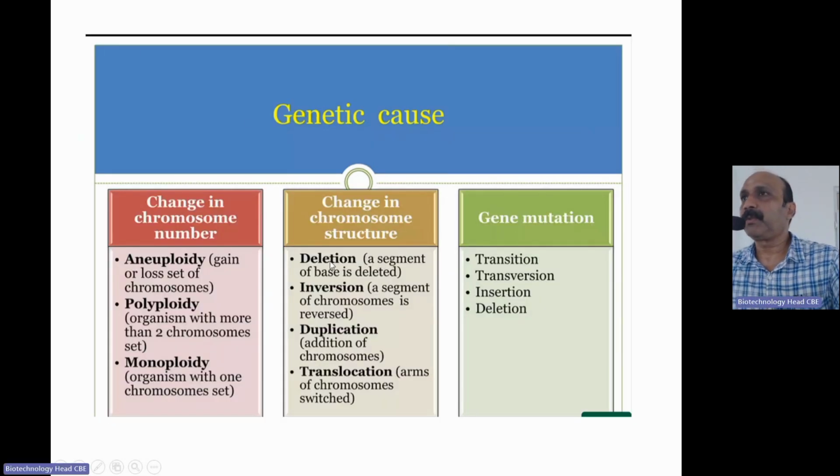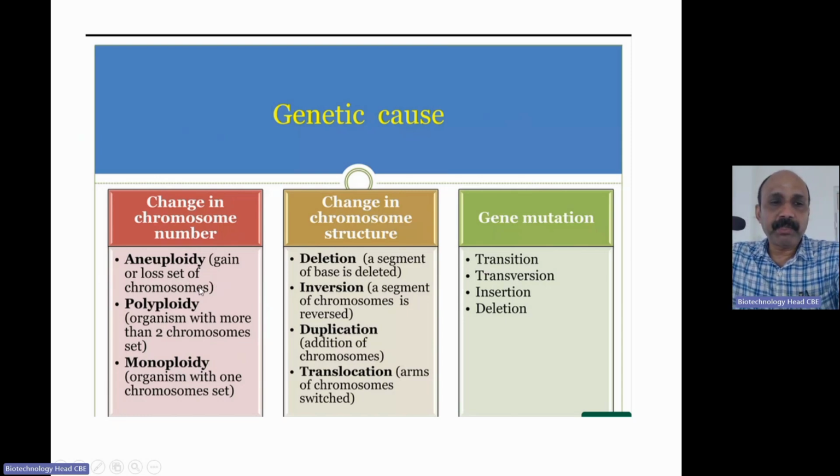The genetic causes. This is the important cause that will be transmitted. The culture conditions may not be transmitted, they may be epigenetic. But the important one that is transmitted to the next generation is the genetic causes. So there can be changes even in the chromosome numbers: aneuploidy, polyploidy, or monoploidy.